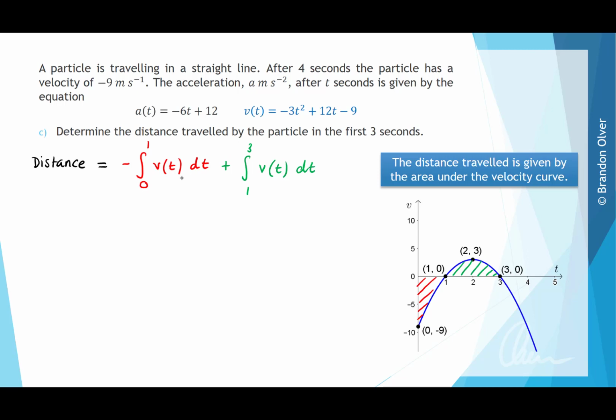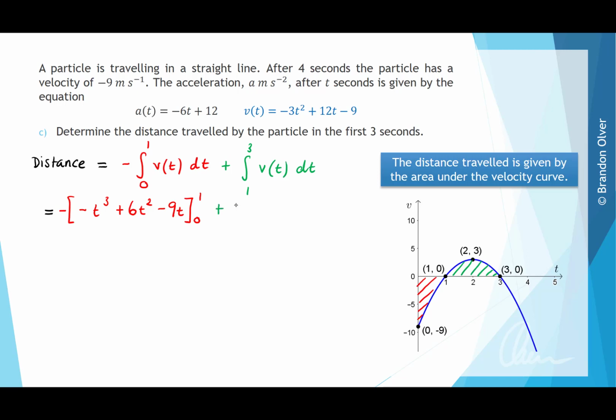So when we add these two things together, we'll get the total area under the curve, and that will give us the distance travelled. So this is going to be equal to, in square brackets, our antiderivative. Minus 3t squared, when we add 1 to the power and divide by the new power, is simply going to be negative t cubed, and then plus 12t, add 1 to the power and divide by the new power, gives plus 6t squared, and then we're going to have minus 9t, and that's evaluated between 0 and 1, and we still have a negative symbol out the front to make that value positive.